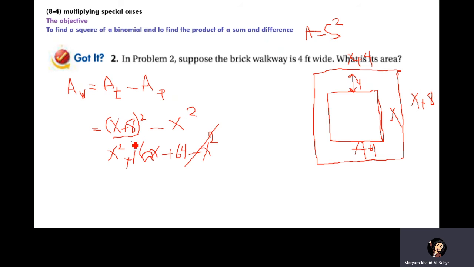Just cancel this one and this one to get 16x plus 64. This is the answer. That's the mistake that we made. Please rewrite it and fix it, because yesterday I just subtracted 1 from inside. I was thinking that they would take from the patio, that they don't increase the walkway like that. That's what I was thinking. So just fix this one.